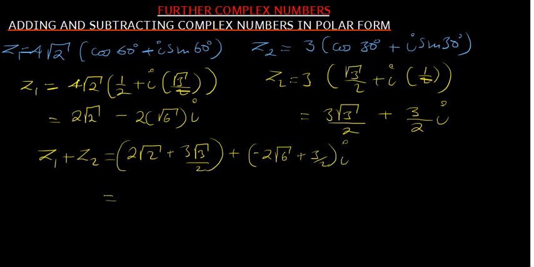Well, simplifying what we have here, this is going to give us 4 root 2. All we do is multiply this and that, and then we get the sign, which is a plus. Now the denominator here is a 1. Multiply this by the 1 down there, that is going to give 3 root 3, and then multiply the two denominators together, that is going to give us a 2.